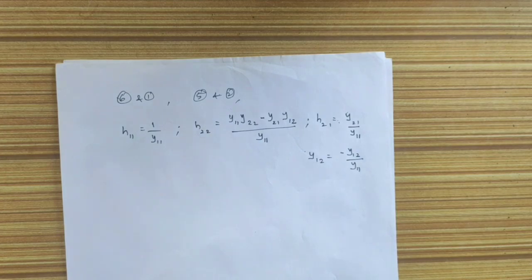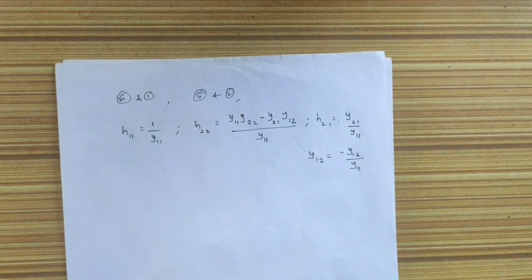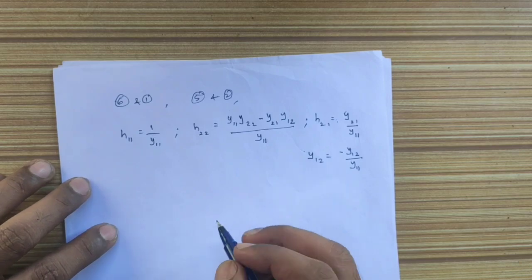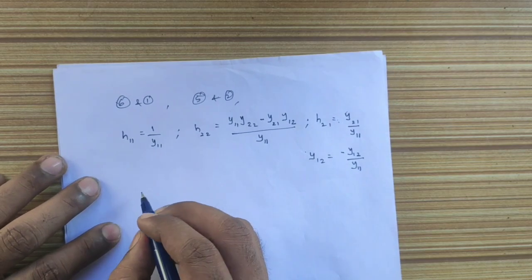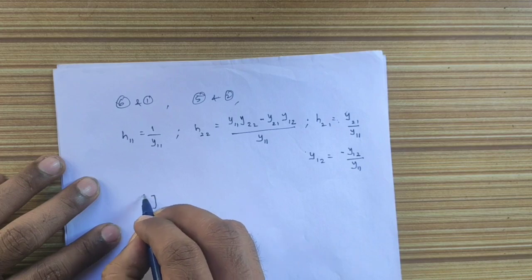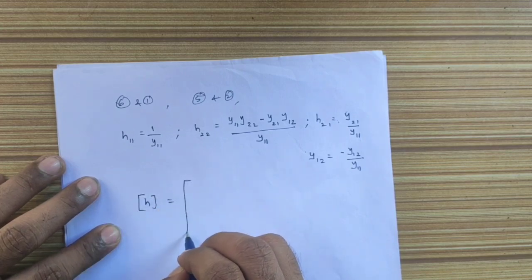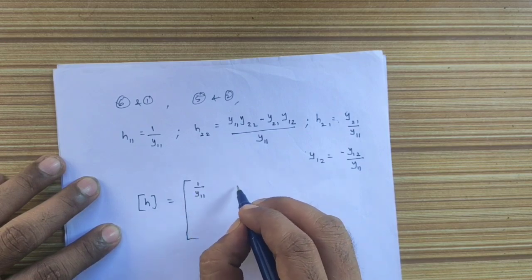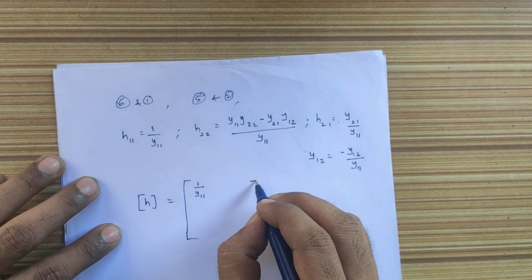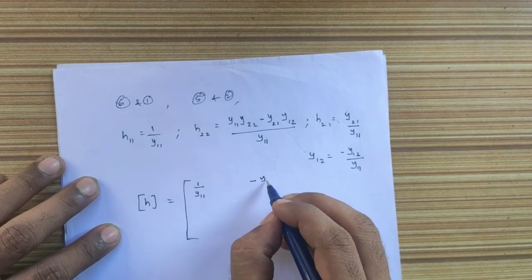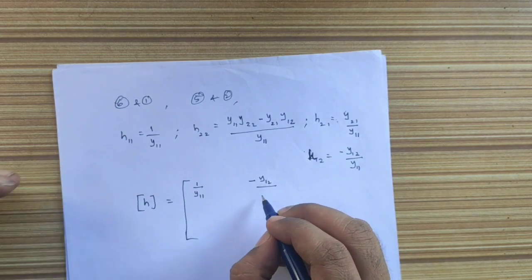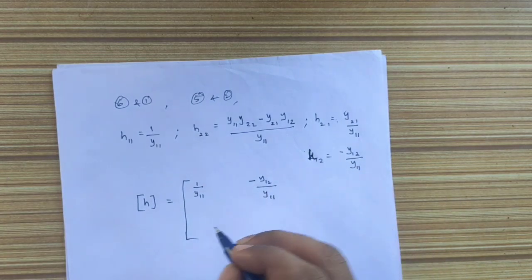Okay, these are the 4 parameters we will get by comparing equation number 6 with equation number 1 and equation number 5 with equation number 2. And we can write the h parameter matrix in terms of Y parameters. The first term is h11, that is nothing but 1 by Y11. Second parameter is h12, that is nothing but minus Y12 divided by Y11.